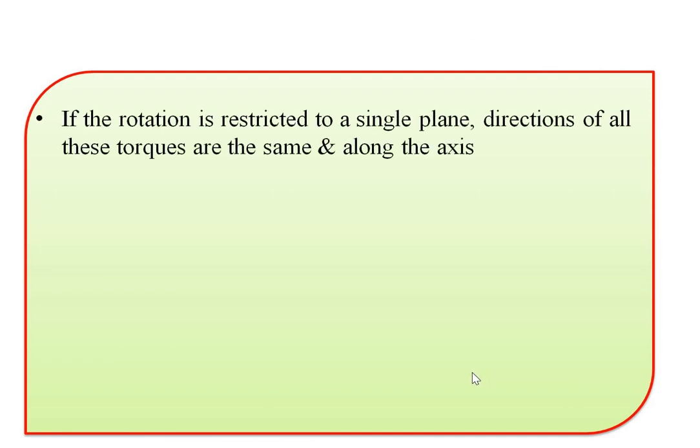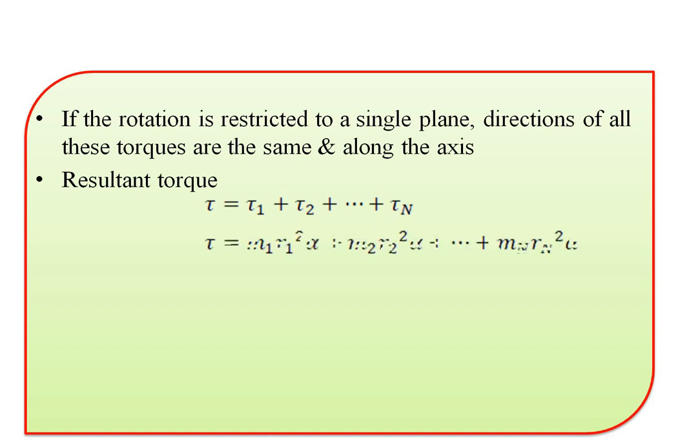If the rotation is restricted to a single plane, the directions of all these torques are the same and along the axis. So the resultant torque is the addition of all these: tau is equal to tau1 plus tau2 up to tau n. Putting the values in this equation, we get tau is equal to m1 r1 square alpha plus m2 r2 square alpha up to mn rn square into alpha.